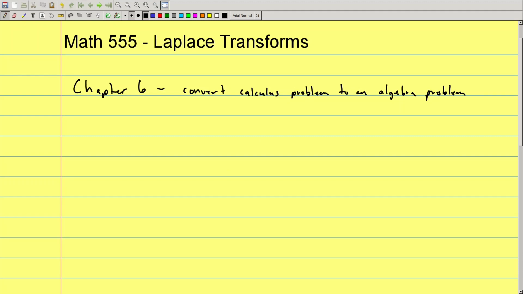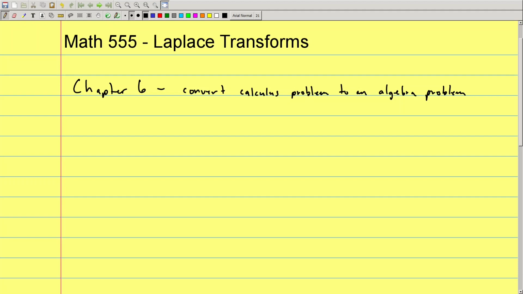Okay, this is our overall goal. We can, under certain circumstances, replace a complicated differential equation with a different expression and manipulate that expression algebraically. And then once we have manipulated it into the appropriate form, transform back to our original language and have that serve as the answer to our question.